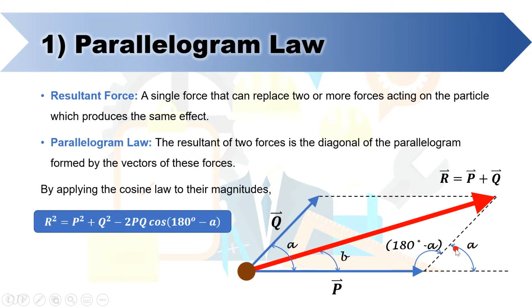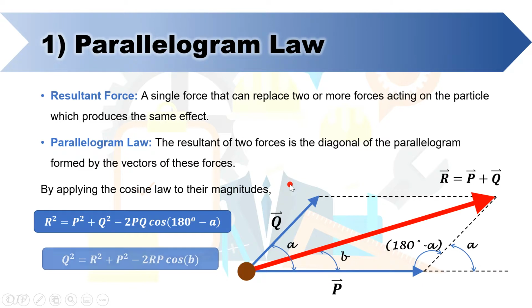That's why we need to apply first the trigonometry in our illustration or drawing. While for the inclination, represented by angle B, cosine law can also be used. In this case, we just have to simplify the equation and solve for angle B. So that's the procedure for this method.